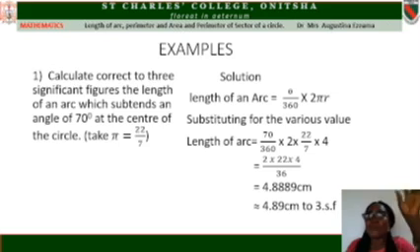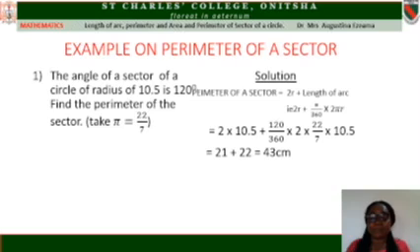Any number 5 or above, you can convert it and call it 1, and add it to the number preceding it. That is why we add 1 to 8. That is why our answer now is 4.89 cm to 3 significant figures.